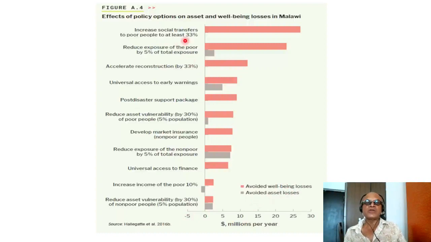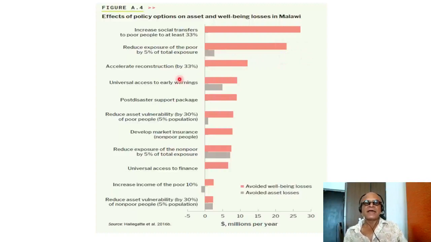Increase social transfers to poor people to at least 33%. So that's going to obviously affect the asset and well-being losses greatly. And reduce exposure of the poor by 5% of total exposure. So you have avoided asset losses as well as avoided well-being losses in the order of 25 million per year.